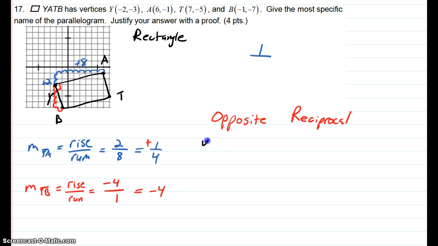We can say that YA is perpendicular to YB because they have opposite reciprocal slopes.